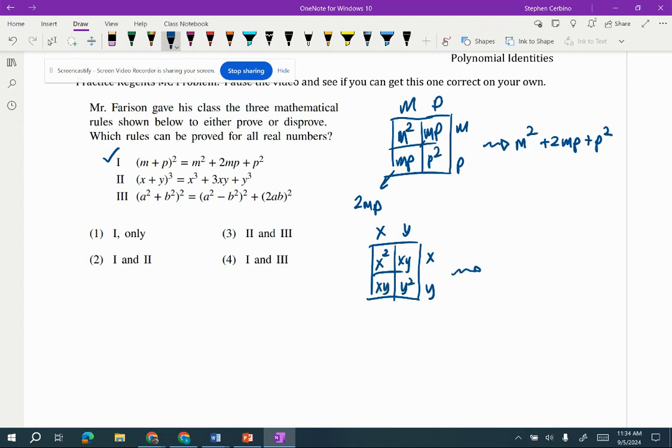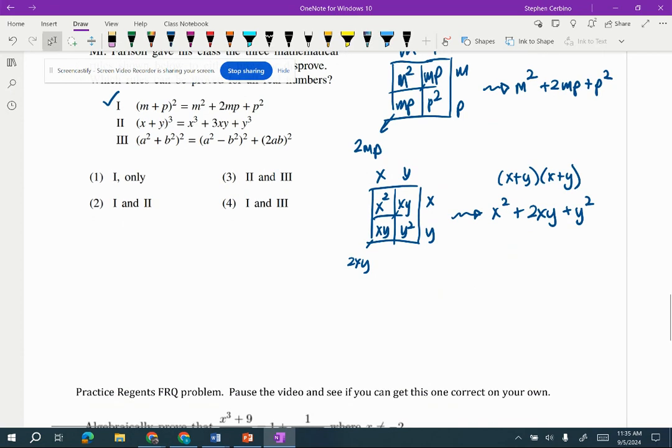So that whole thing is going to become x squared plus, again, like terms, so we have 2xy plus y squared. Now this is only going to be the product of two x plus y's.